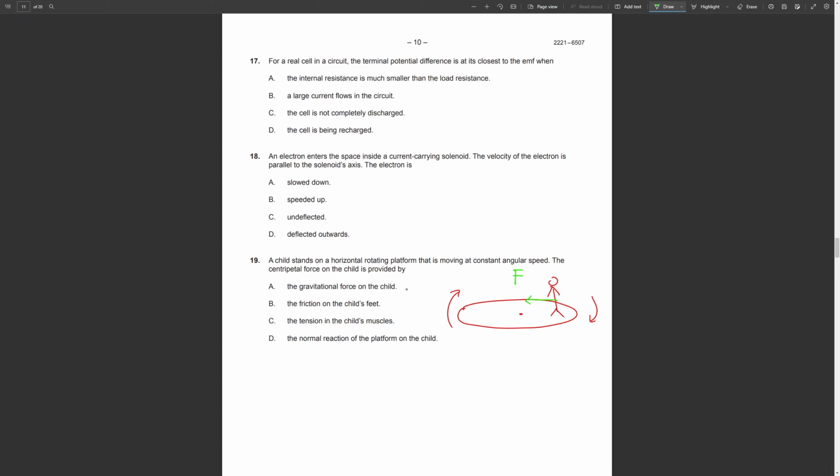Not the gravitational force, because it's pointing downward. Not the tension of the muscles, because that really depends on which muscles are being contracted. It could be going in all different directions. The normal reaction on the kid is going upward. It's still not going to the center. The answer is friction. Friction is pointing towards the center of the circle, and it is helping the kid maintain its circular motion.